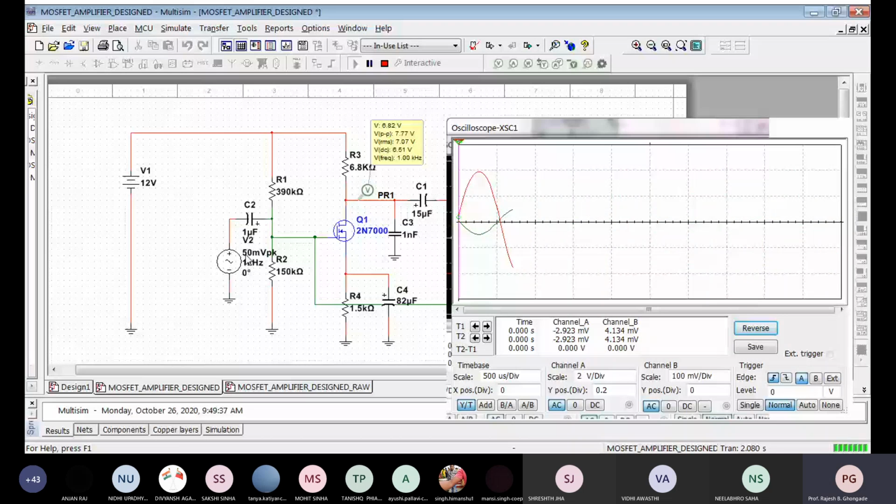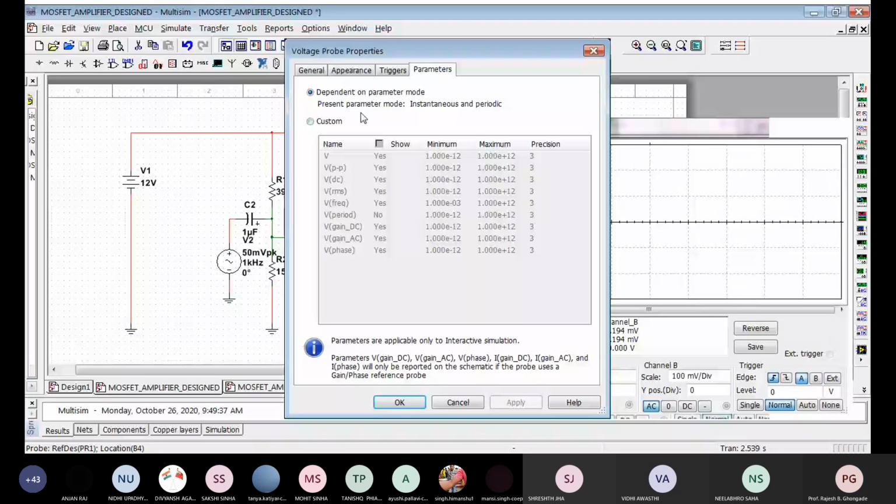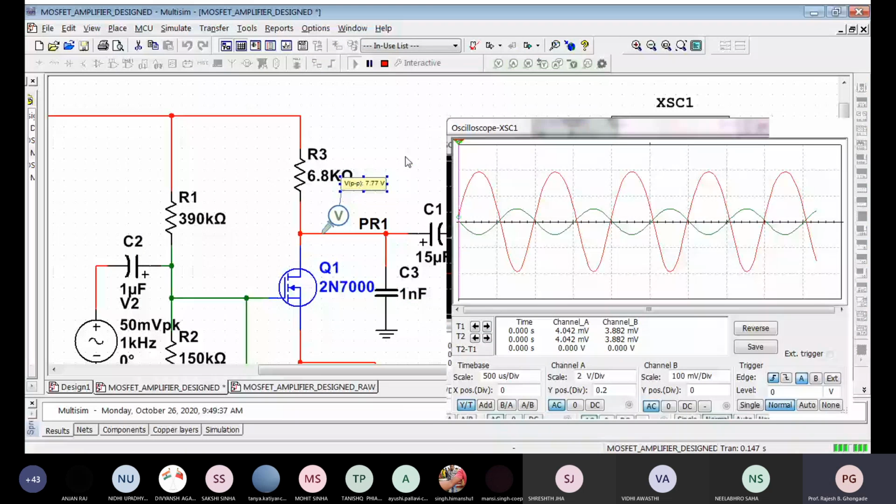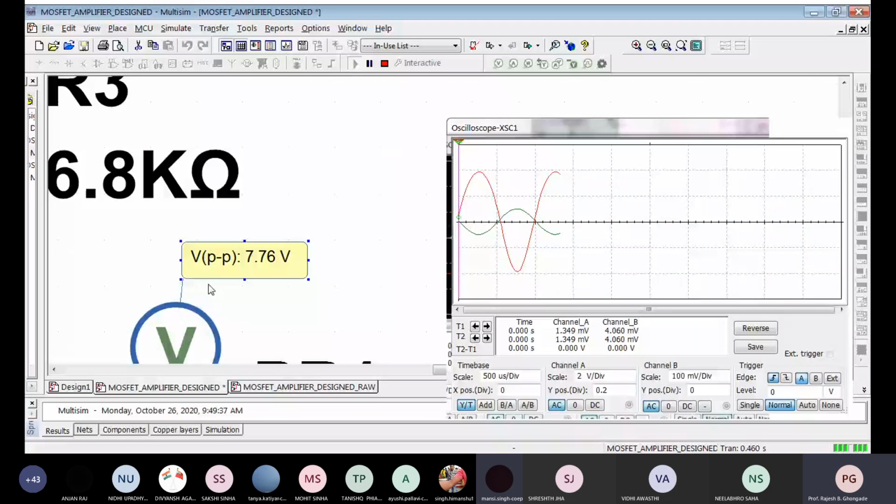I'll just change this again. Is this visible? Peak-to-peak voltage is 7.7. What is the actual gain?